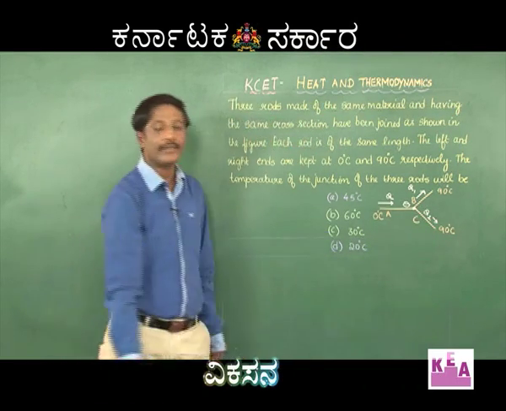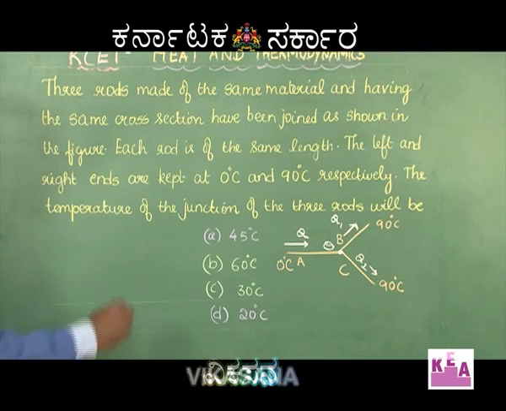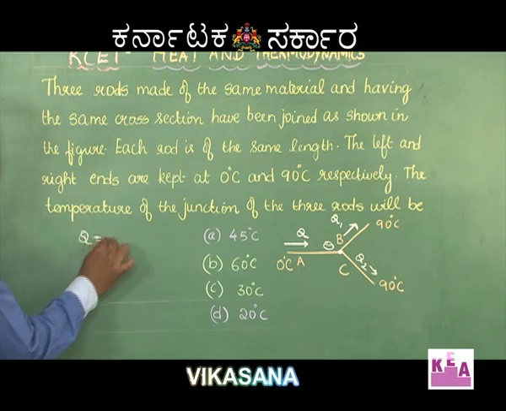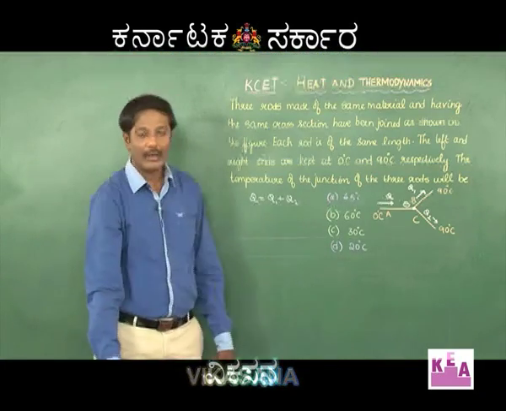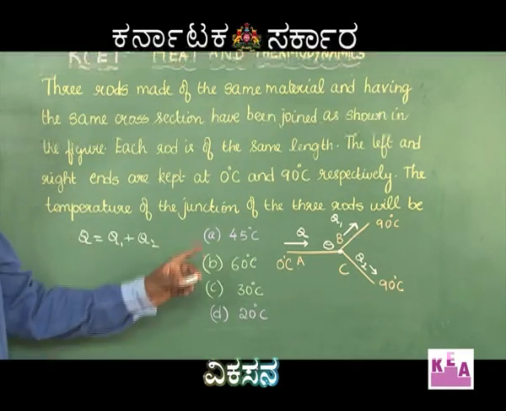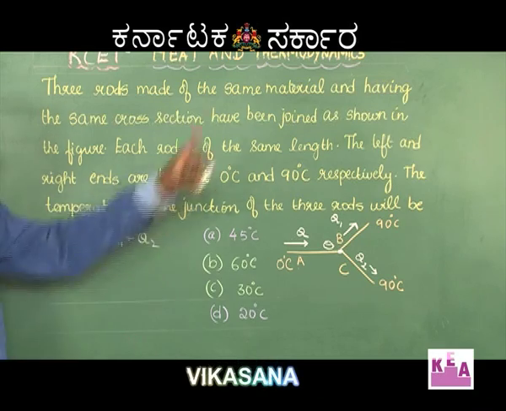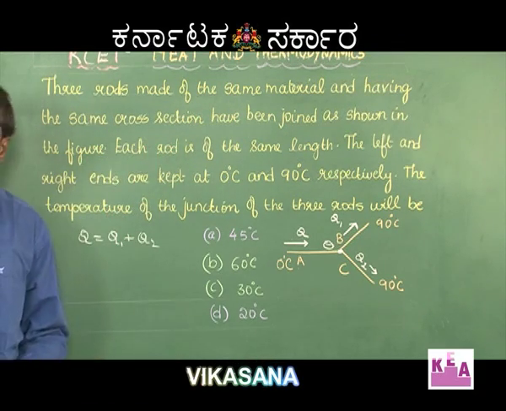As per conservation, energy should be conserved. So definitely Q should be equal to Q1 plus Q2. They are also telling that the rods are of the same length, same material, and of the same cross sectional area.